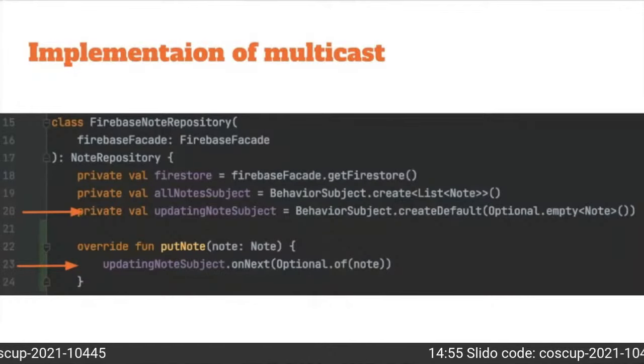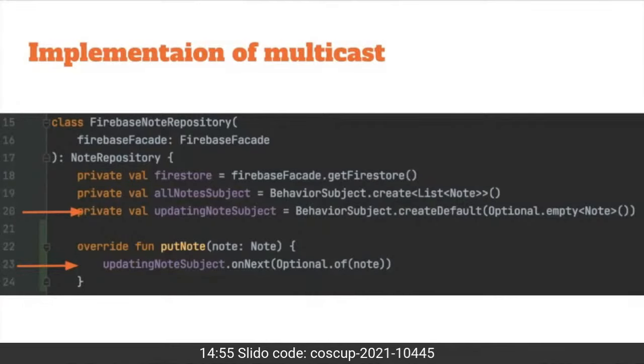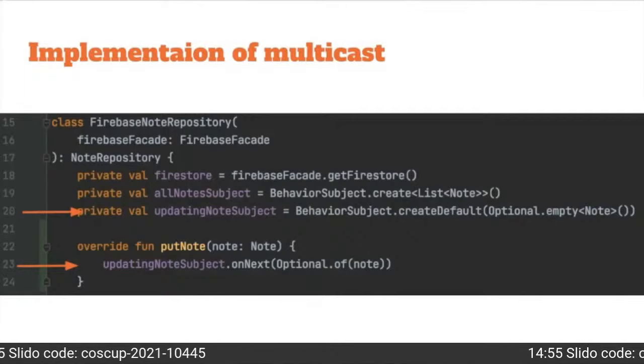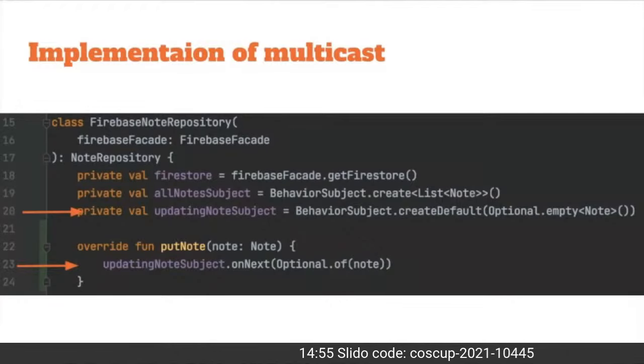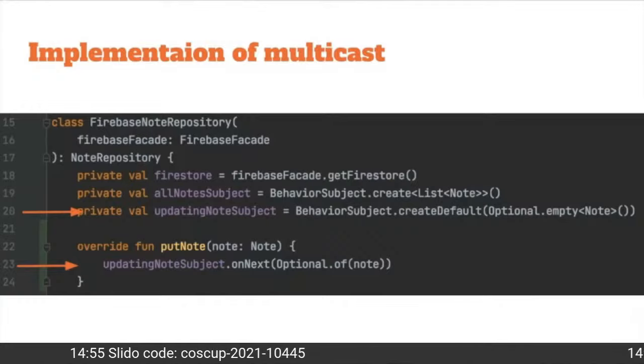Again, we use subject. When there's a new event coming from the view model, we just update the event through this subject. And we might have 2 or 3 different observers for one subject, but in this case, we only have 2 observers.